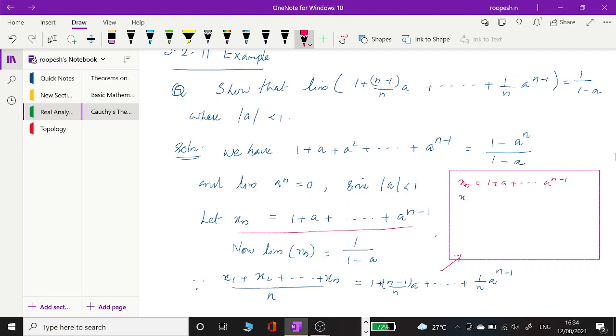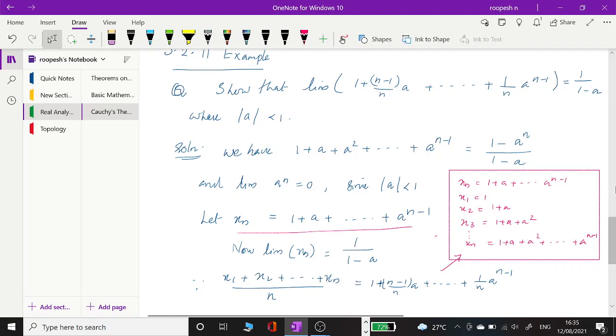So my x1 should be equal to 1, no doubt. x2 should be equal to 1 plus a. x3 will be 1 plus a plus a square, right? Like that, xn means I will get 1 plus a plus a square plus etc plus a raised to n minus 1. So this is my xn.